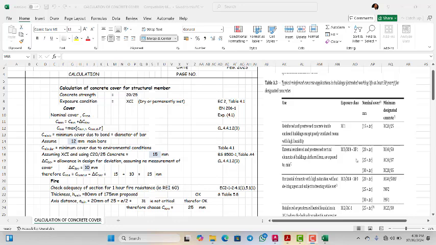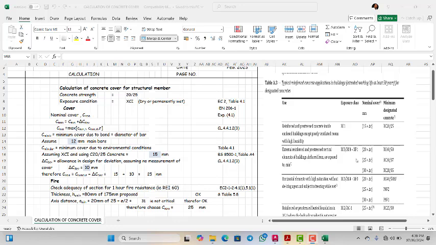Today we want to learn how to calculate concrete cover for structural members. Now, basically, concrete cover for structural elements is determined by fire resistance, which is also linked with the exposure condition.